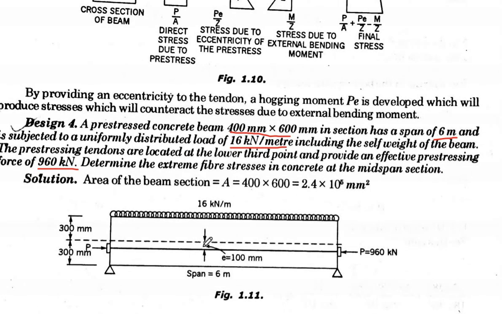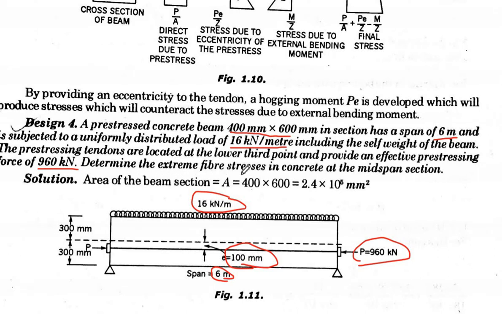Here this is your eccentricity, e is 100, given already in your question. You have your pre-stressing force 960 kilonewton. The loading is given to you 16 kilonewton per meter. The total span is given to you to be 6 meter. We have an eccentricity of 100.